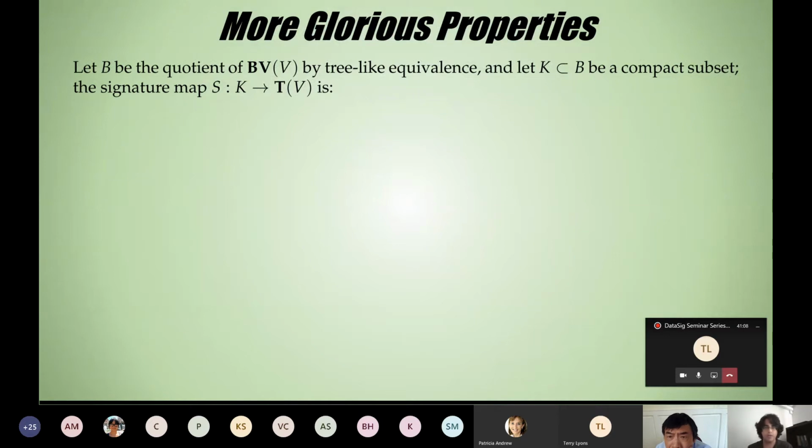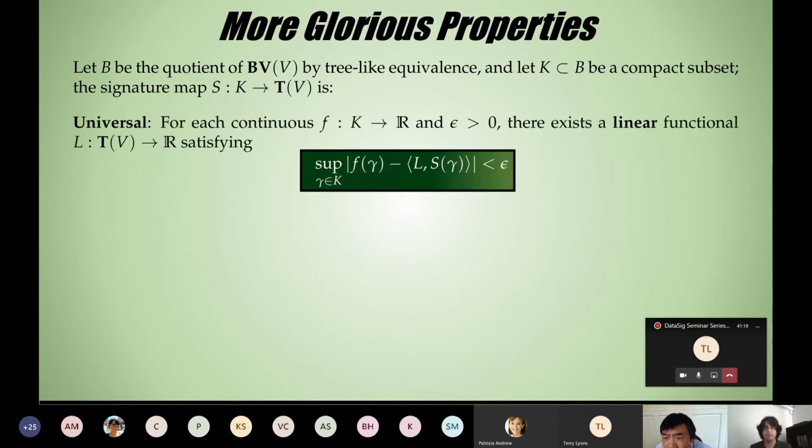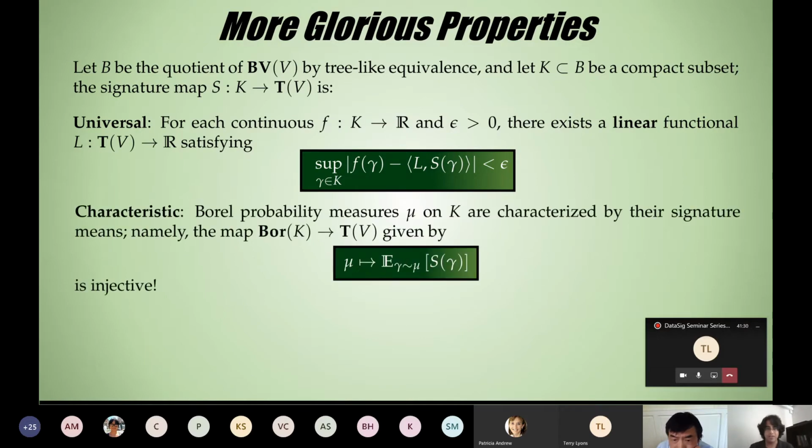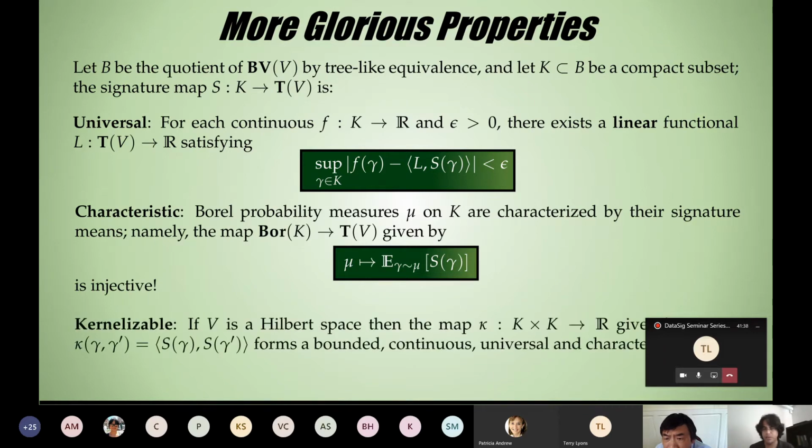If you take the space of bounded variation paths of a vector space and you quotient it out by the signature's kernel, which is the tree-like equivalence, and take a compact subset, then the signature map is universal, which means each continuous map can be uniformly well approximated by a linear functional just applied to the signature. It's characteristic, which means the map that sends a probability measure to its expectation is injective. And of course, it's kernelizable, which means you can actually compute things.